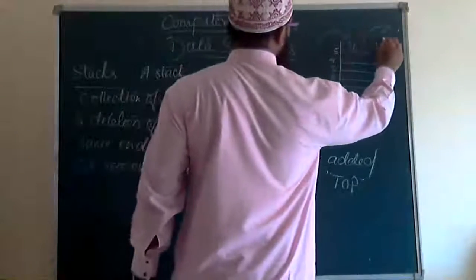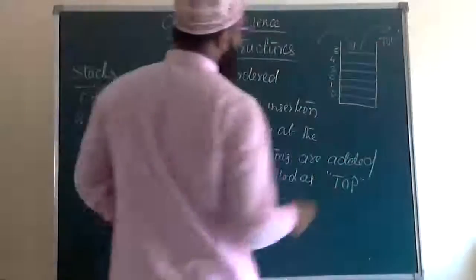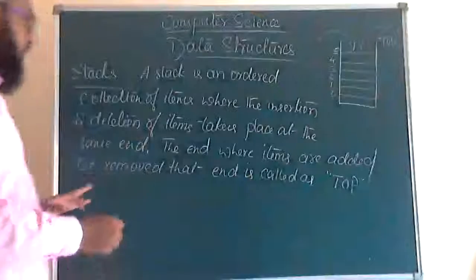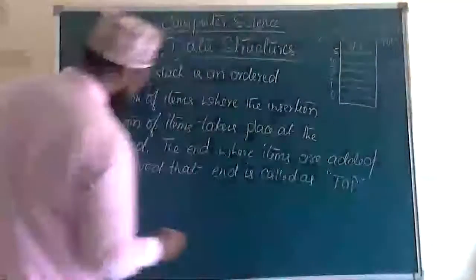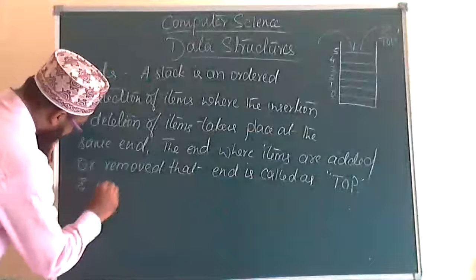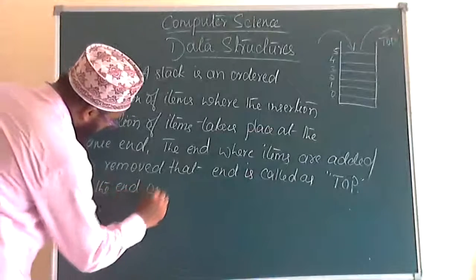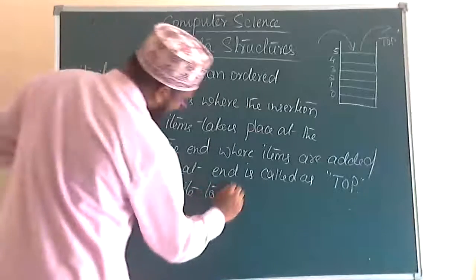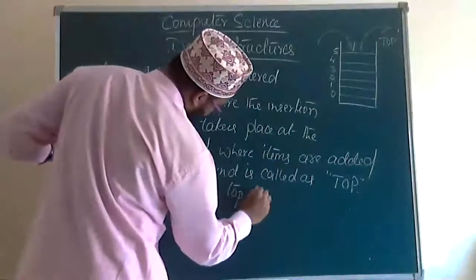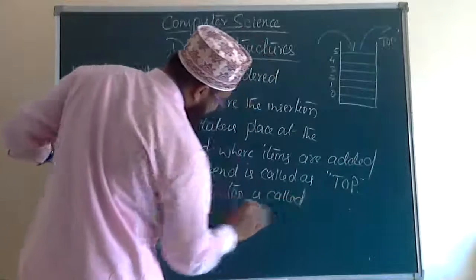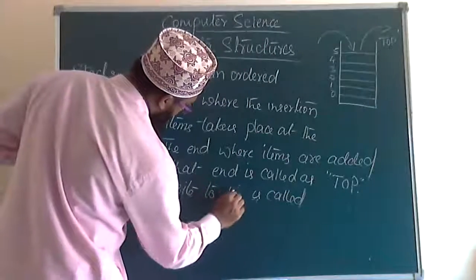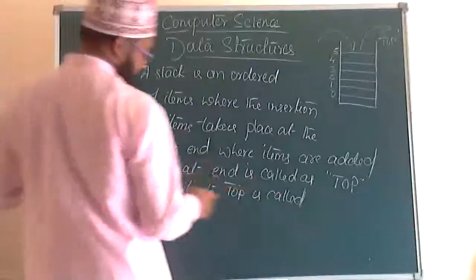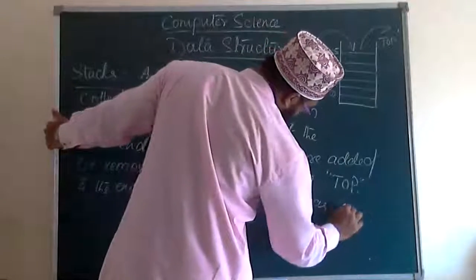See, this end we can call top because the item can be inserted here only and the item can be removed here itself. And the end opposite to top is called, I'll write top in capital so that you can understand, opposite to top is called base.